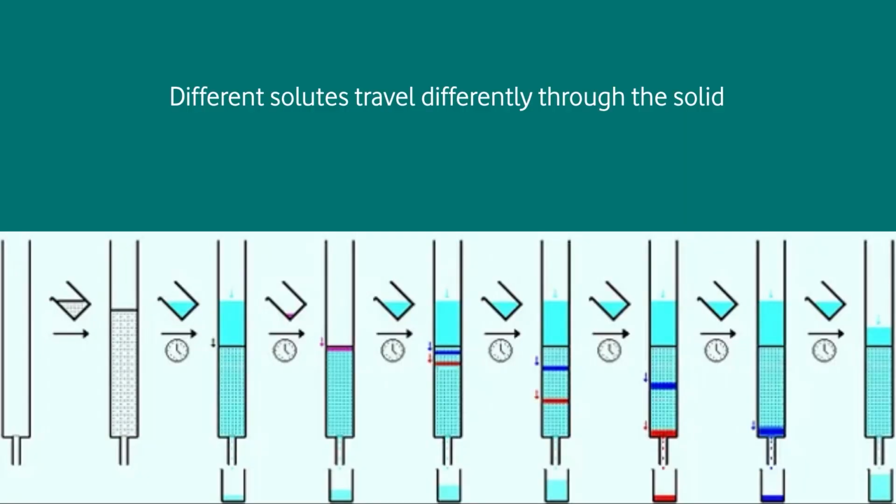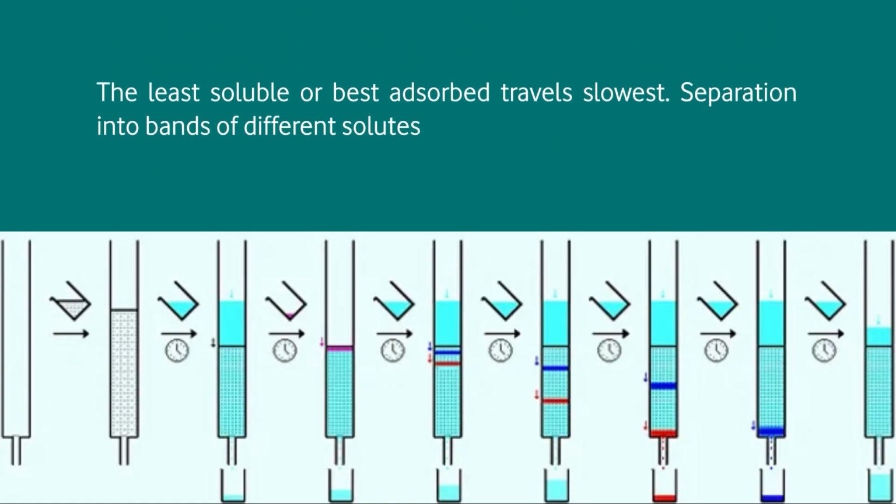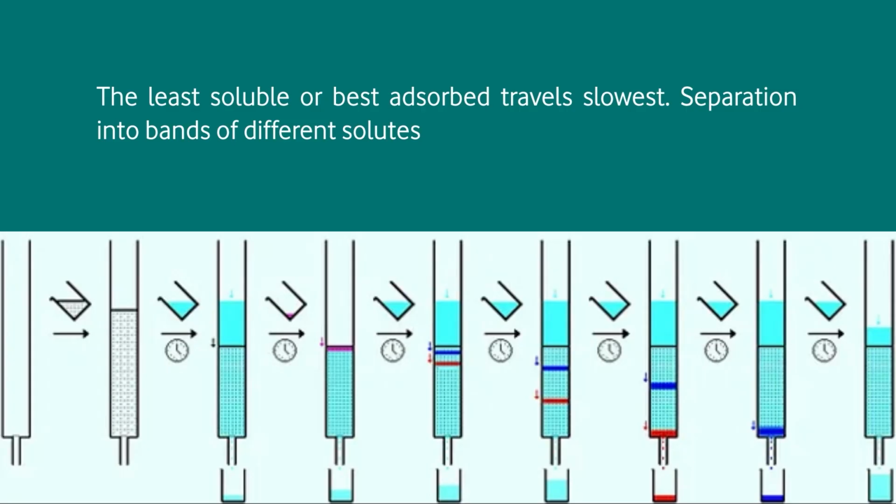Different solutes travel differently through the solid, and the competition is between adsorption and solubility, because in the mobile phase all the components are dissolved. If they adsorb more on the solid, they will become slow. So the least soluble, that means the most adsorbing, will travel the slowest, giving separation into bands of different solutes. The ones which are most soluble will move very fast through the column.